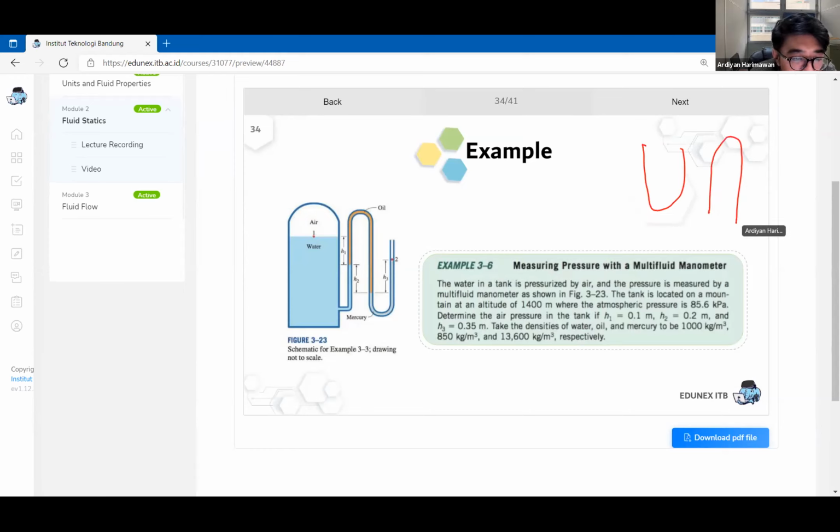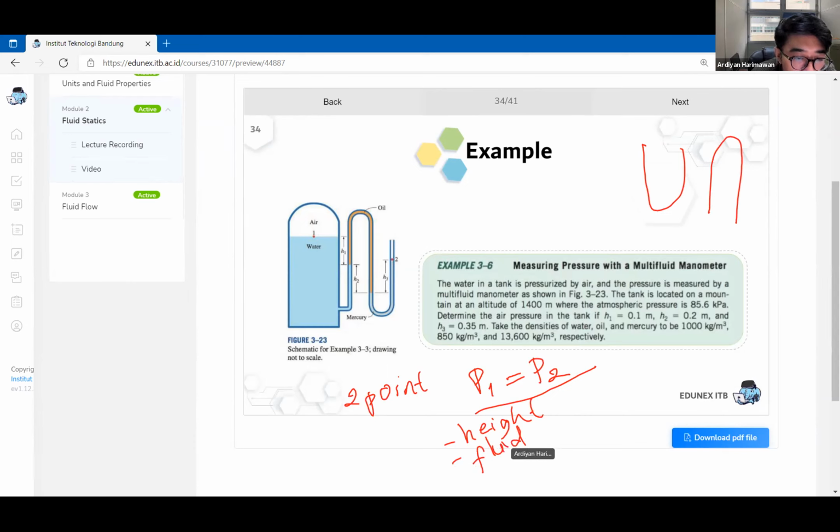Just remember, for static fluid, because this is all in the static condition, you just need to remember any 2 points: P1 will have the same pressure as P2 only if the head is the same and the fluid that connects these 2 points is the same. This is the concept of hydrostatics.